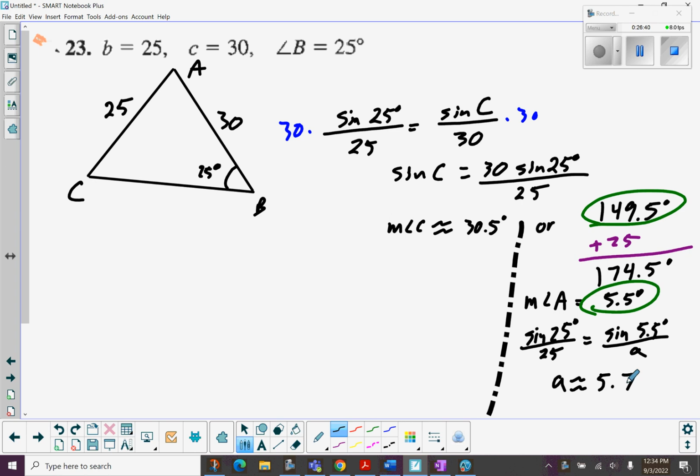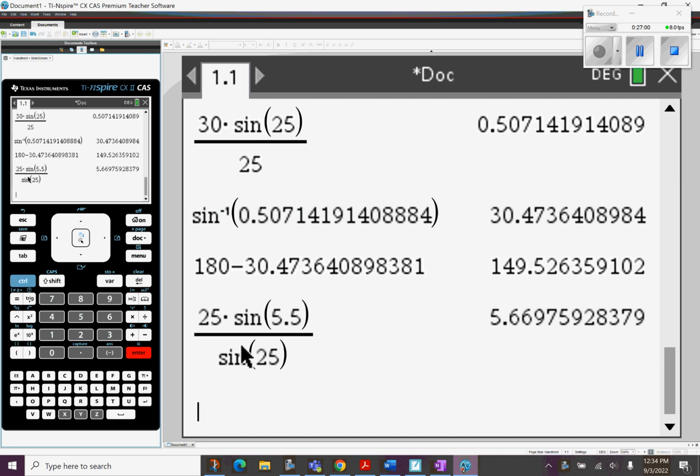But now we've got to go back for our other set of answers. That again, if A is what we're missing, 25 was given, 30.5, that's our principal value from the calculator there. Those have a sum of 55.5.